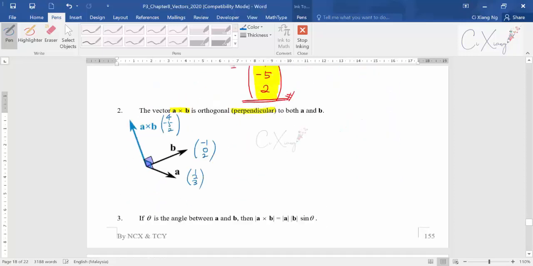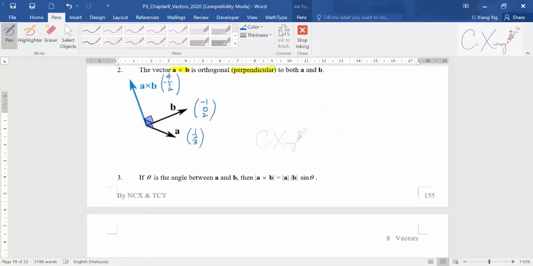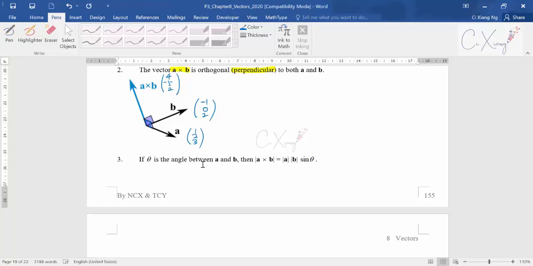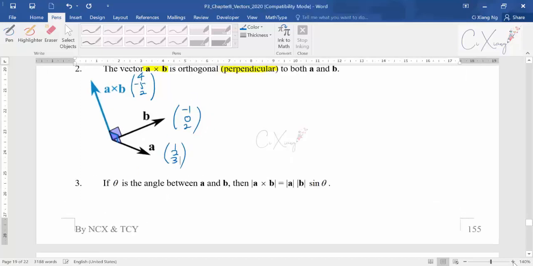For now, there's another new formula that you can use to find the angle between two vectors. Previously we learned the dot product, right? The dot product is A multiplied with B equals modulus A modulus B cos theta.